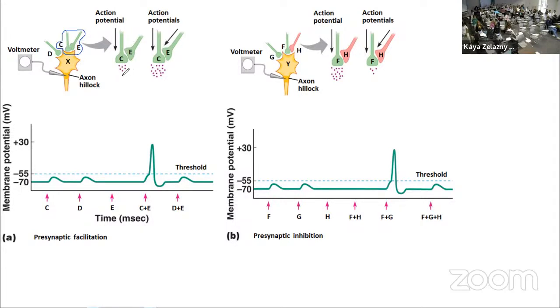When C fires alone, you get just a little bit of neurotransmitter. But when C and E fire together, you get lots and lots of neurotransmitter. We can see that that connection between C and E depolarizes us to threshold, and we do see an action potential.